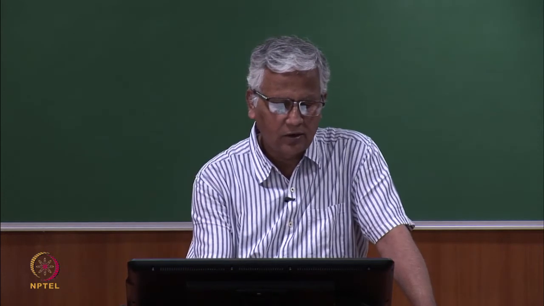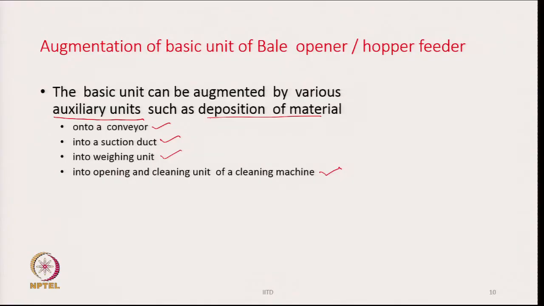We can either have a conveyor onto which the material falls, or a suction duct, where the material will be sucked out, or it can fall into a weighing unit, and once a certain amount of tufts fall into the unit, it will be dropped down.